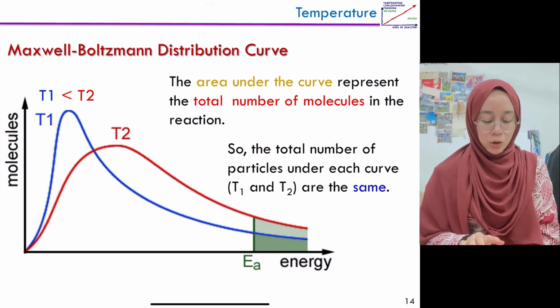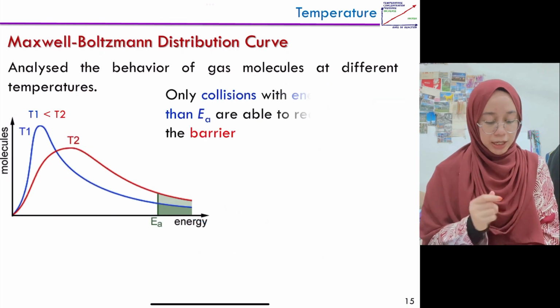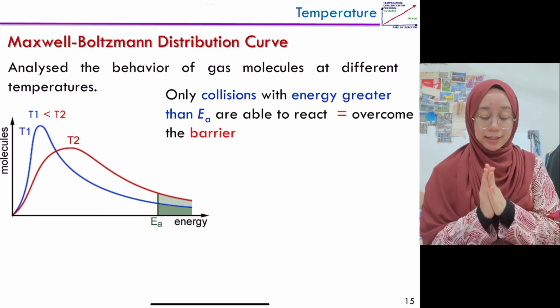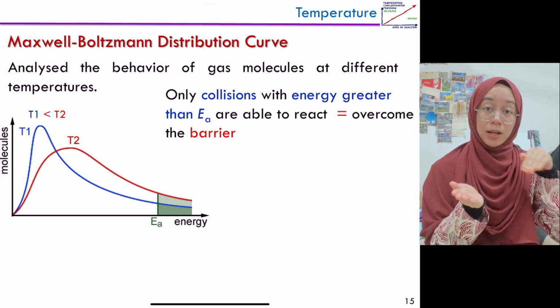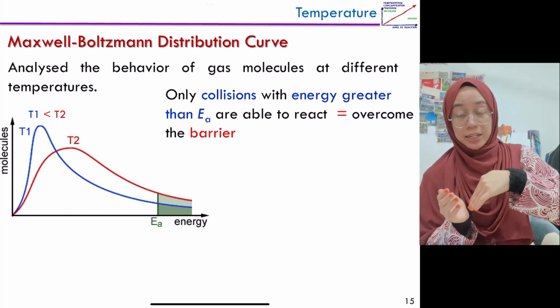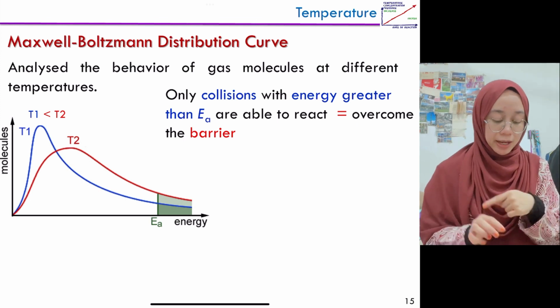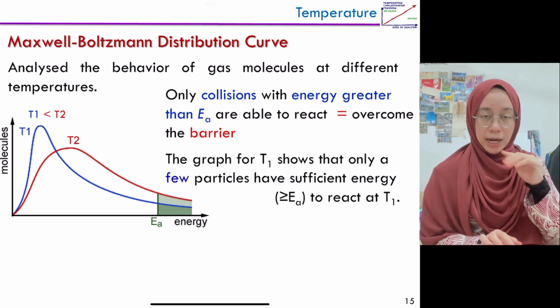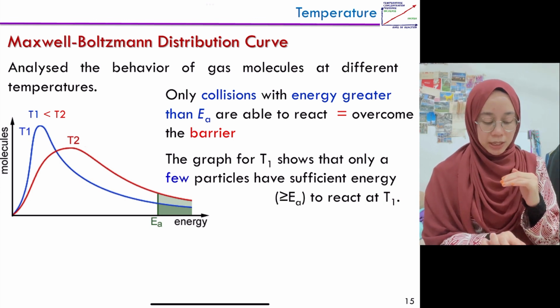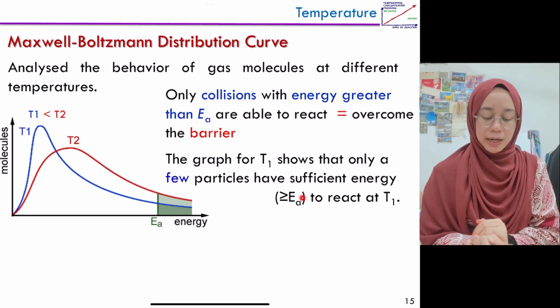So only collisions with energy greater than activation energy are able to react because they can overcome the activation energy. So kalau the one under T1 punya graph, under the blue line, it shows that only few particles have sufficient energy.